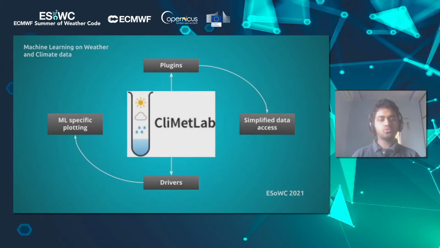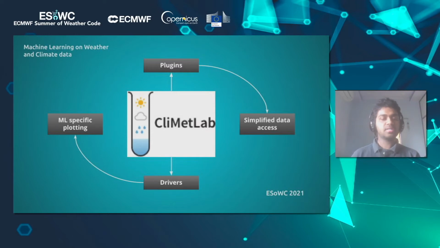Okay, so to give you an overview of this year's work. Previously I presented the overview of CliMetLab, but now I'm presenting what I tried to do as part of adding features to CliMetLab. So I mainly worked on two things. First is the plugins part, where we focused on providing simplified data access, which we tried to do with the Intake library.